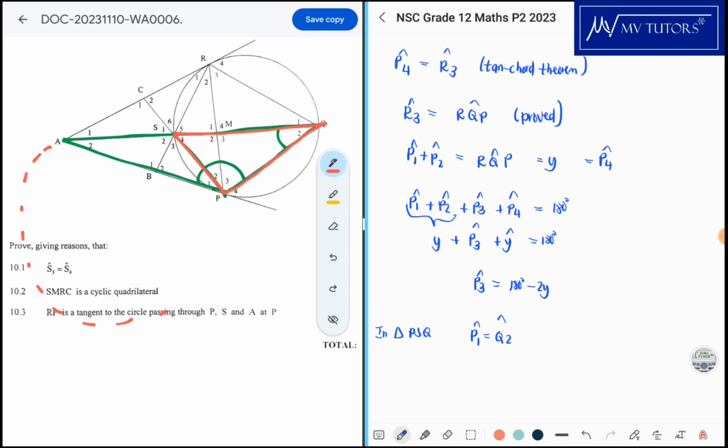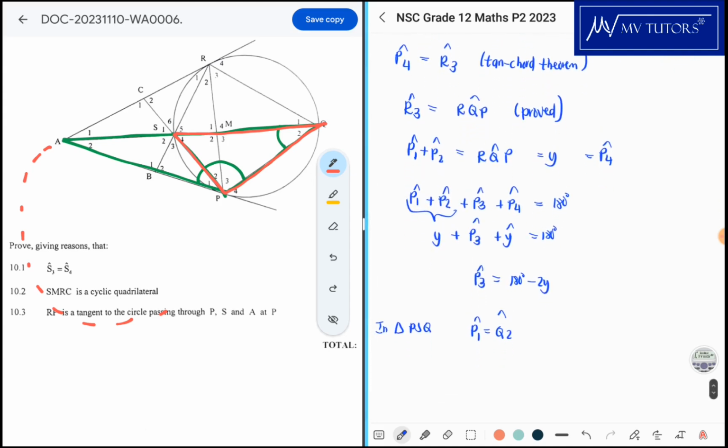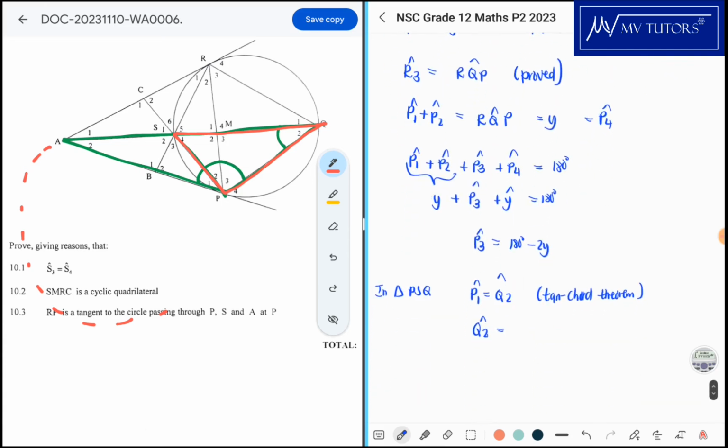And I said that P1 is actually equal to Y minus X. So I'm going to say tan chord theorem. Therefore Q2 is equal to Y minus X. So I have Q2, I have P1, P2, P3. Now I can get A2.